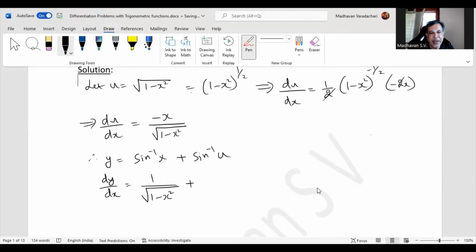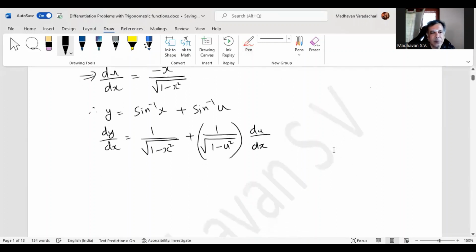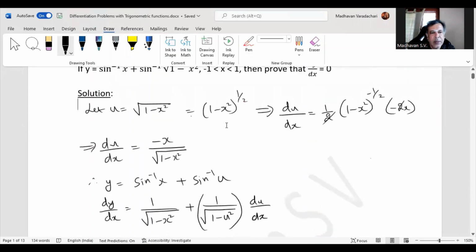Similarly, if I differentiate sine inverse of u, I will have 1 by root of 1 minus u square times du by dx. Now this is u, which means our u square will be 1 minus x square without square root.